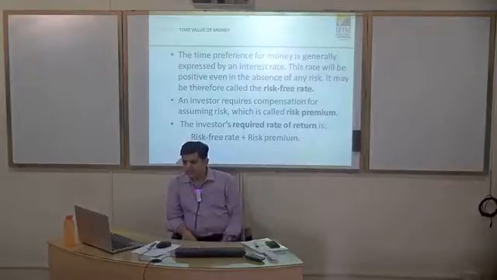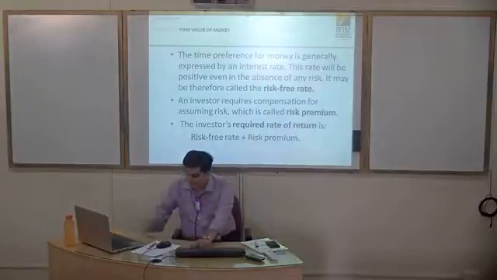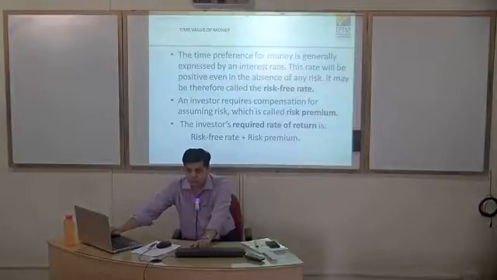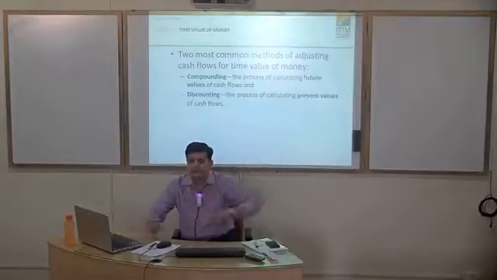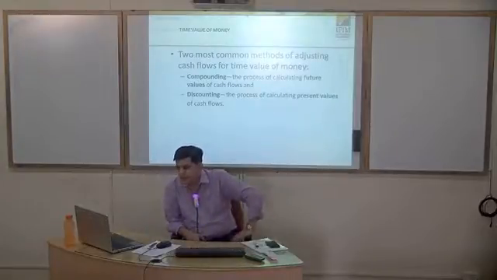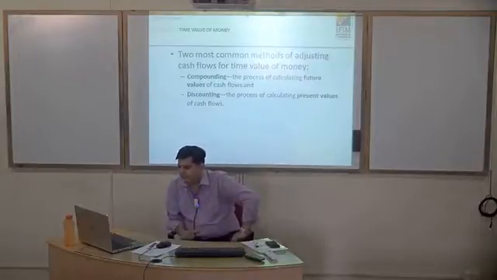The investor's required rate of return is risk-free rate plus risk premium. So it is the combination of those two. We add up those two and then arrive at how much required rate of return an investor is looking at.